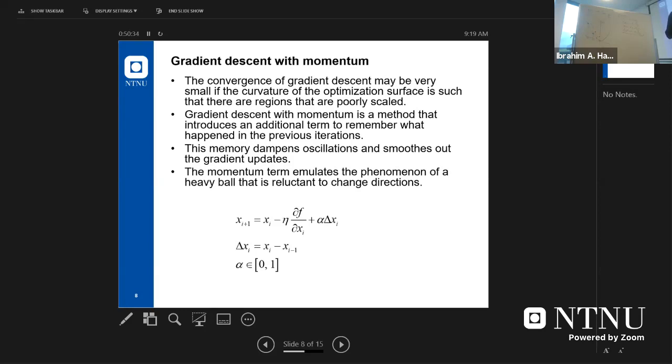How can I adjust the hyperparameters? If you need to adjust your hyperparameters, you need to hold out a small part of the training set, maybe 10% or 20%, for validation. So I will divide the training set again into one part for training and one for validation. The training part will be used for adjusting the weights, and the validation part will be used for optimizing the hyperparameters, right?